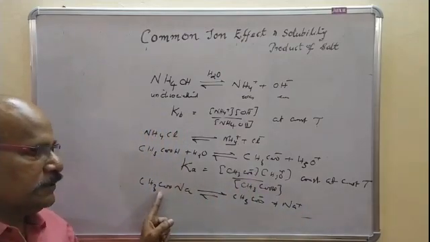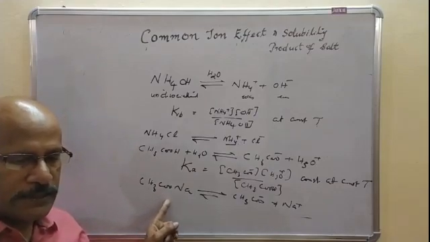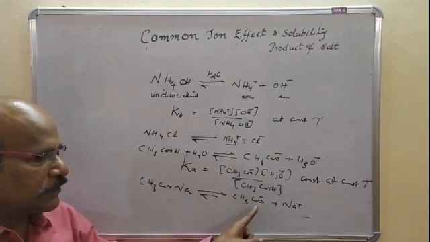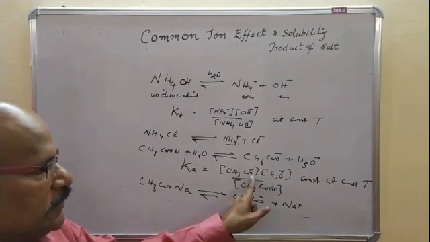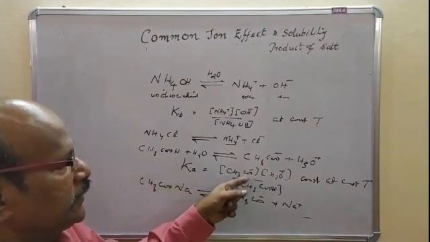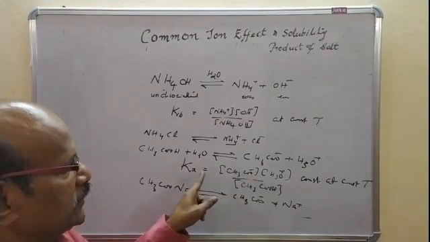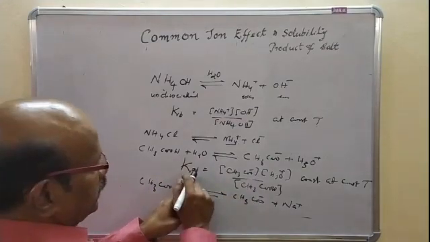When we add sodium acetate, which furnishes acetate ion in larger quantity, the acetate ion concentration increases, and this would change the value of Ka. So in order to keep Ka constant, you know that Ka is always a constant.